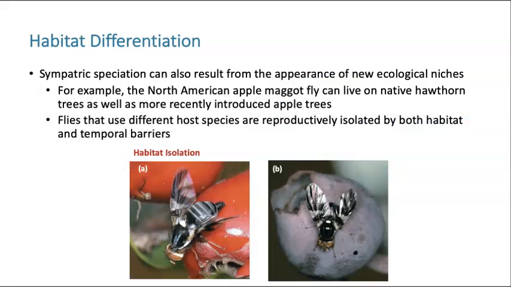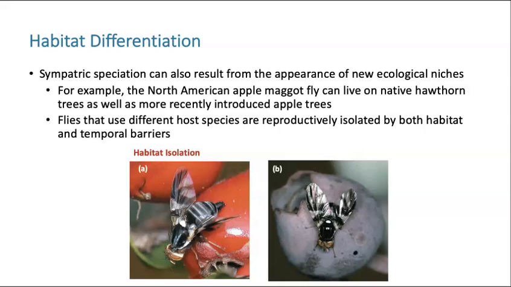Okay, so I promised you that there were 3 main ways that sympatry could occur. One of them was polyploidy. The other 2 were habitat differentiation and sexual selection. Let's just get a really quick look here at habitat differentiation using an example that I've already talked to you about in this chapter.